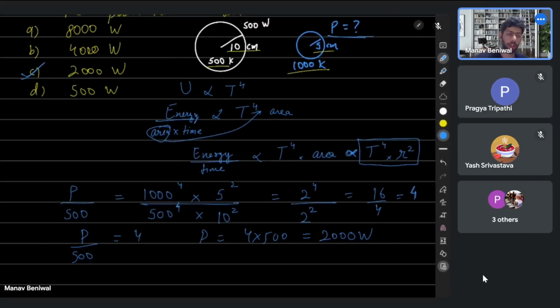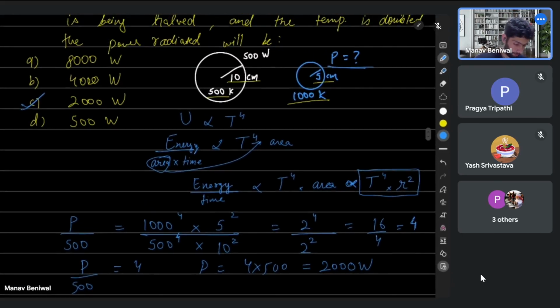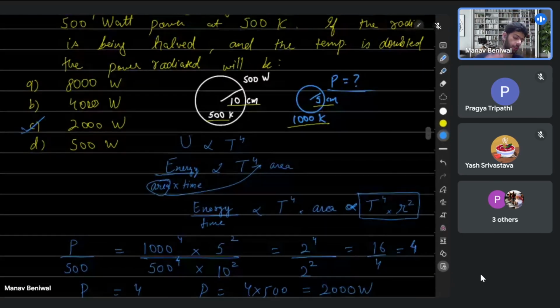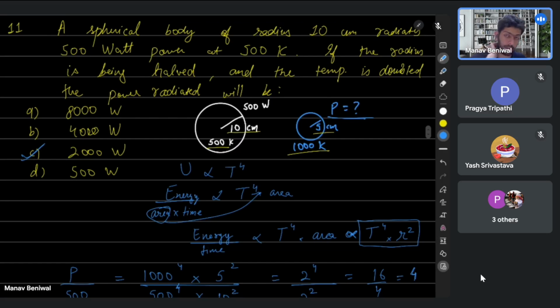Pankaj got D. Okay, I'll explain once again what we are doing. The question says that we have a spherical body and they have given a radius of 10 centimeters. Now, whenever you have a body, the radiation that it emits comes from its surface. So radiation comes from the surface. The larger the surface area, the more the radiation.